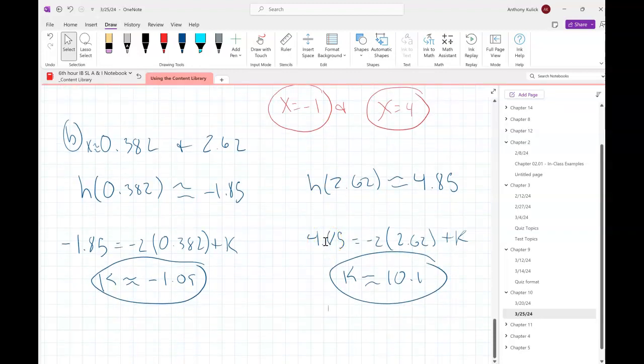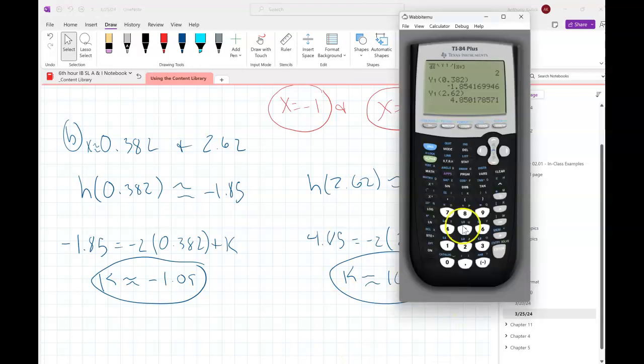What's your best check? Yeah, let's look at the graph here. So I'm going to turn on my h of x. I'm going to get rid of these guys. And then I'm going to graph y equals negative 2x minus 1.09.